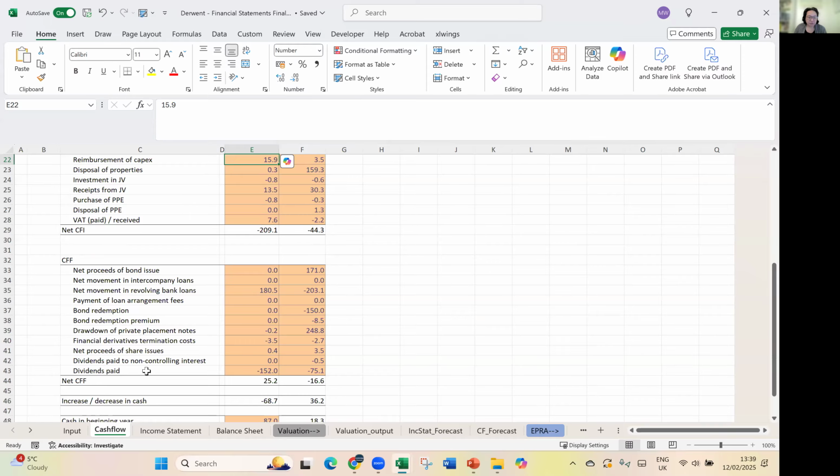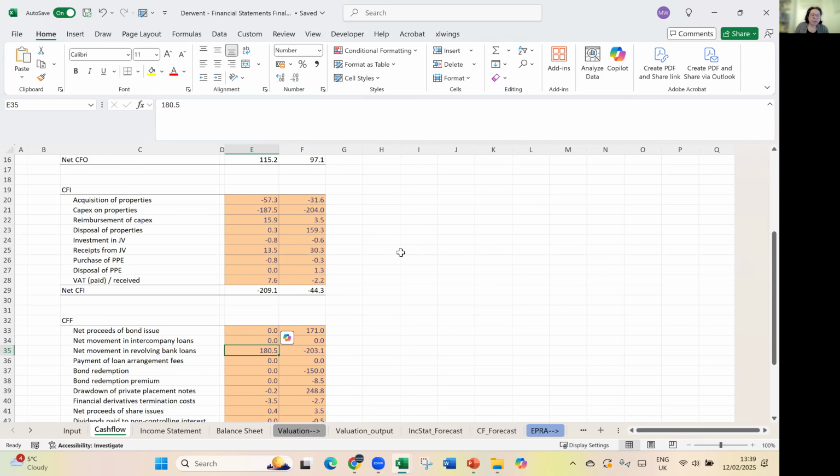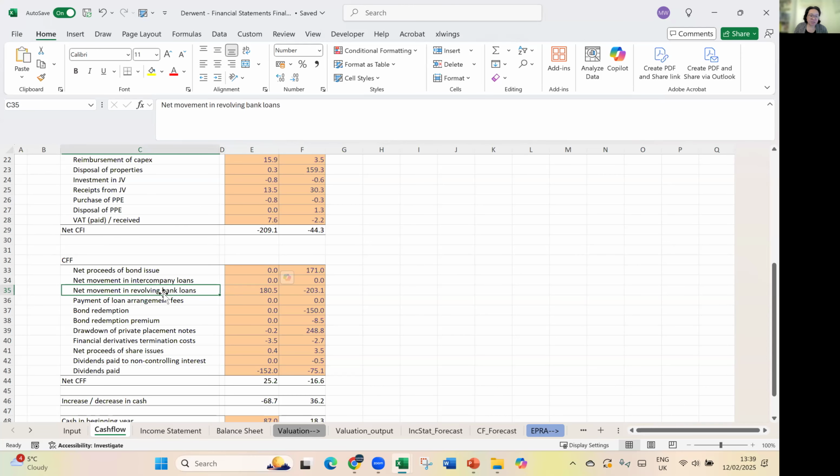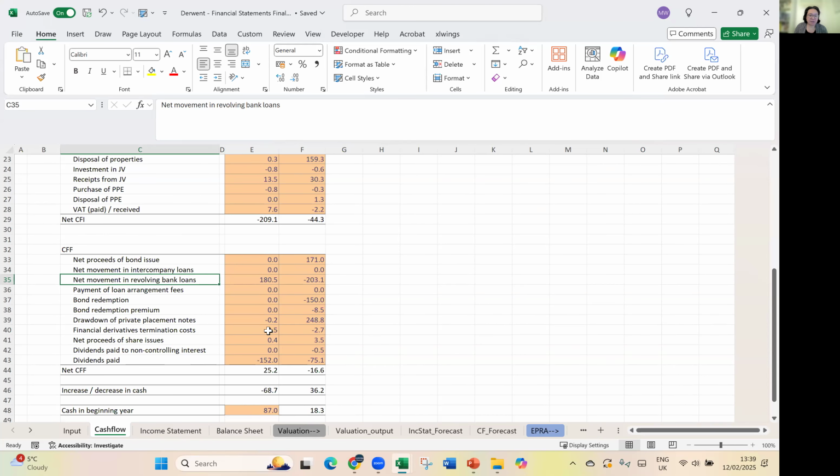The money is coming from net movement in revolving bank loans. So they are borrowing, yeah, for this capex that they're doing, they're borrowing on revolving loans. So that must be very expensive for them, but it's because they might not be doing redevelopment, it's just capex on current properties. So that's why they are using here the revolving bank loans, okay?